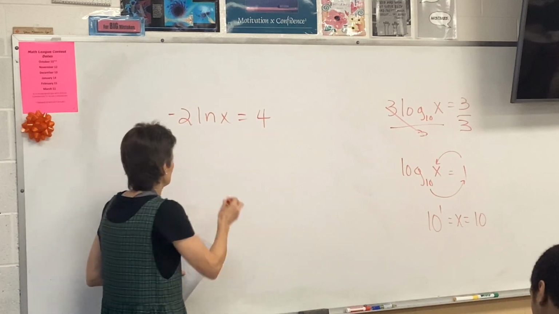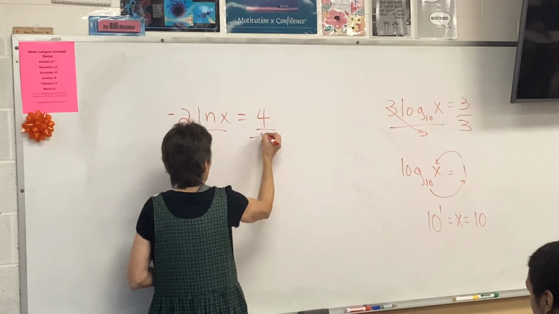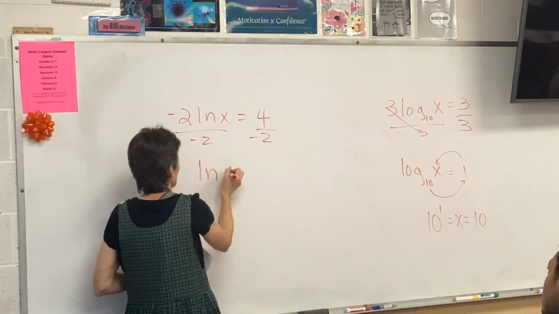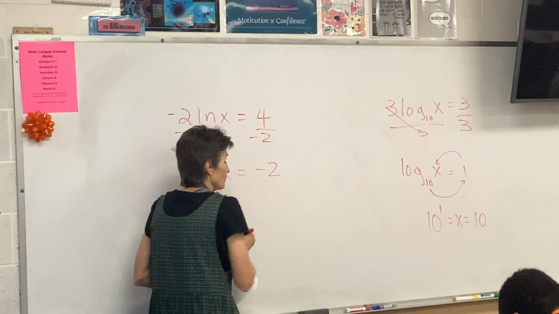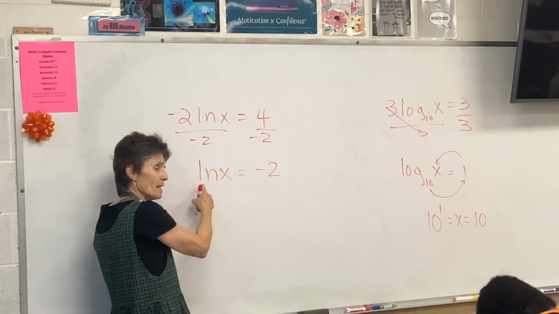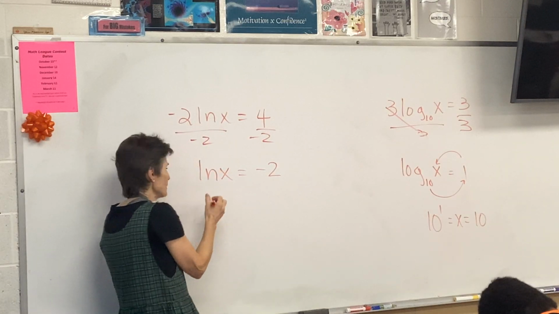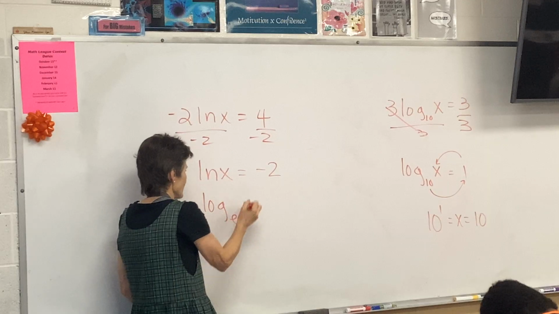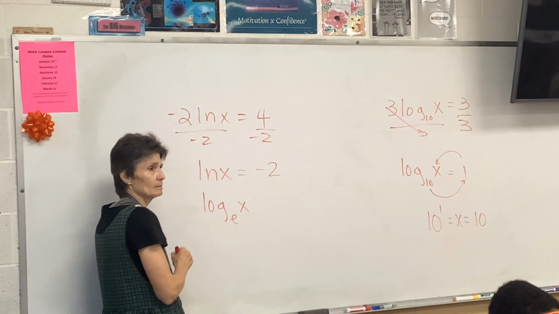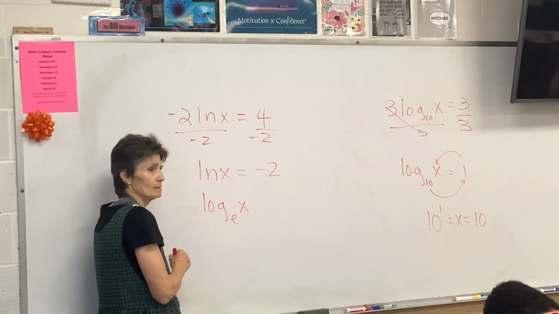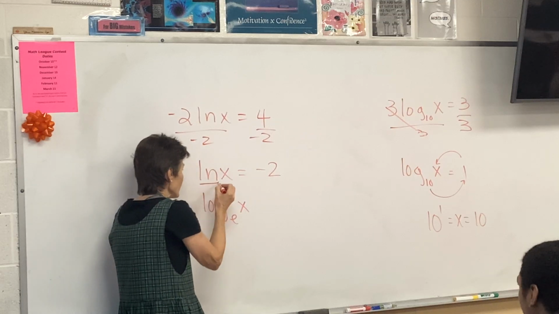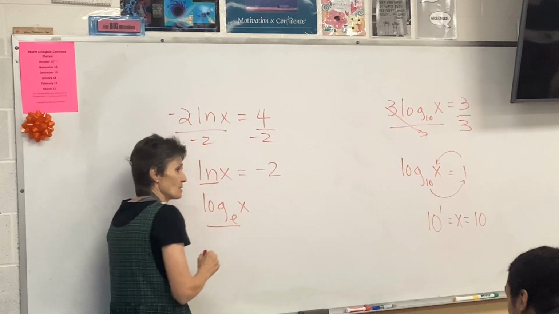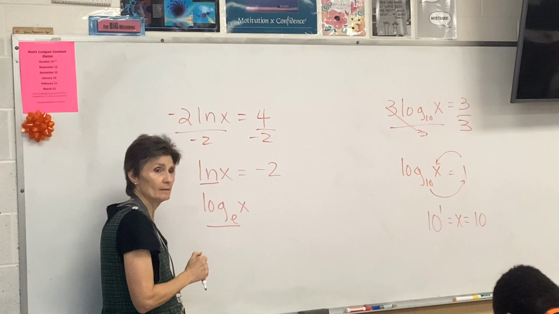Divide by -2. I like that idea a lot. It's an equation. So ln x equals -2. Now, what is ln? ln is log base e. Every time you see an ln, you can rewrite it as log base e.